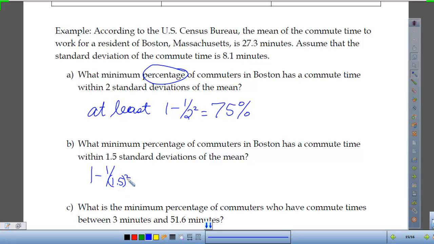Still we don't know anything about the distribution, so Chebyshev's theorem is the best one to use. So we do 1 minus 1 over 1.5 squared. I get 0.5555555, or we might say at least 56%. All right, questions about that?